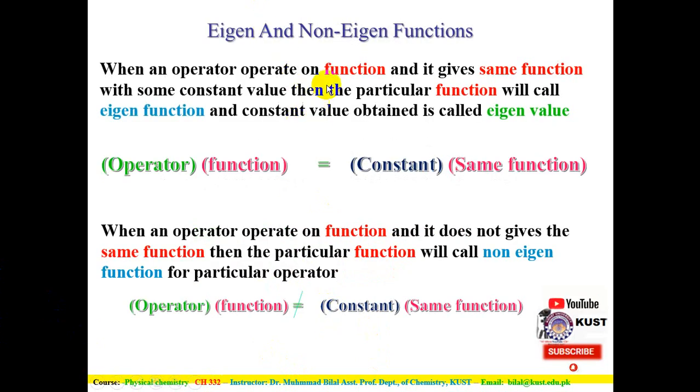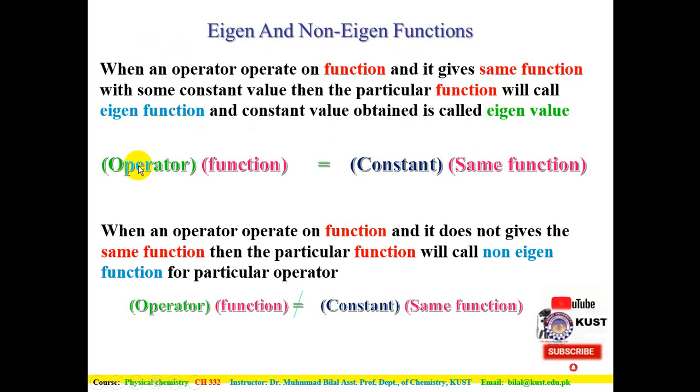As we know, different terminology is used in quantum mechanics. Eigen function and non-eigen function is one of the terminology, and we will discuss it in this lecture. When an operator operates on a function and gives the same function with some constant value, then this particular function we call an eigen function, and the constant value which we obtain is called the eigen value.